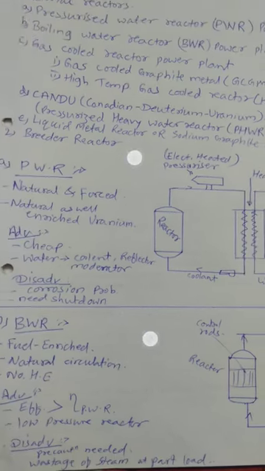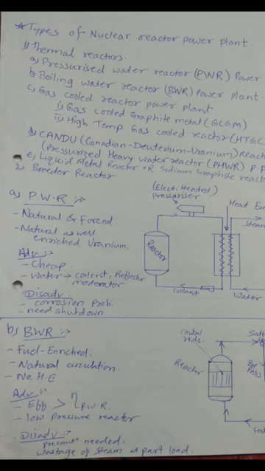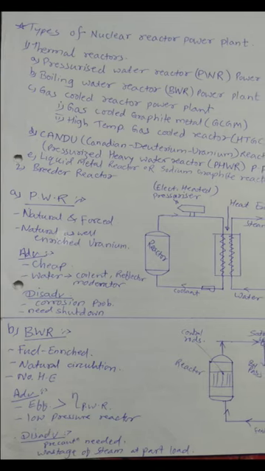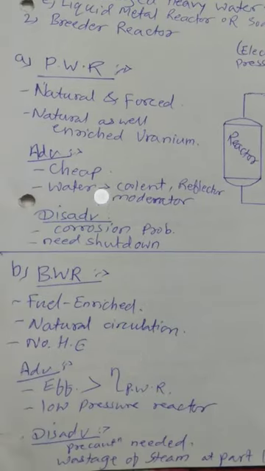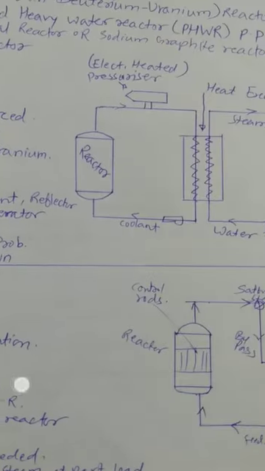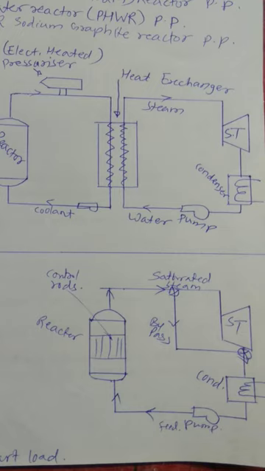Second one is the BWR, that is the boiling water reactor power plant. As the name implies, it utilizes boiling water. The difference from the other types is that it doesn't require a heat exchanger, which the other types of reactors need.